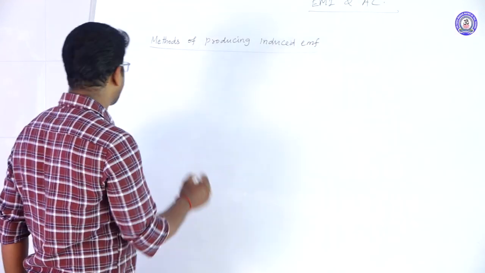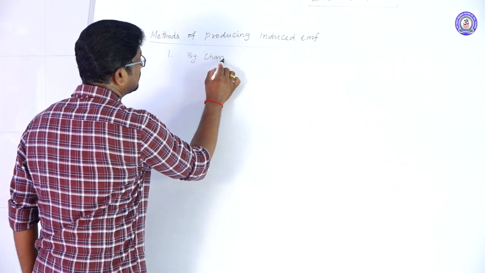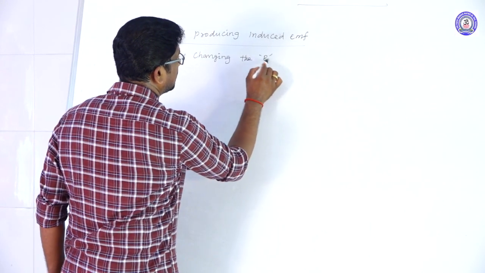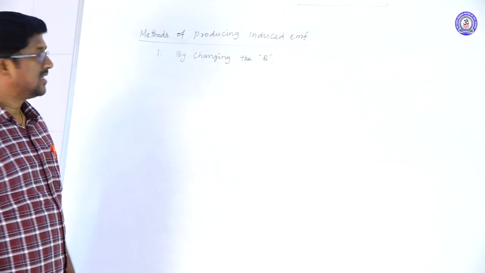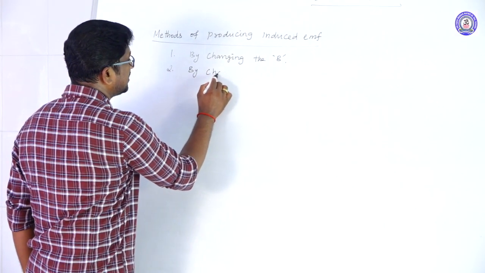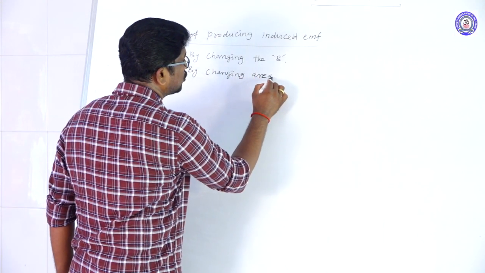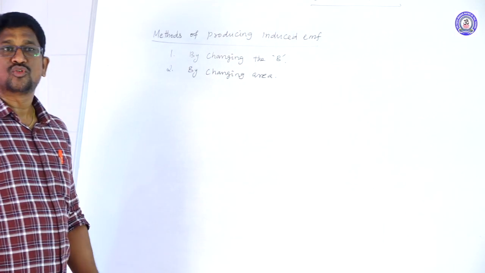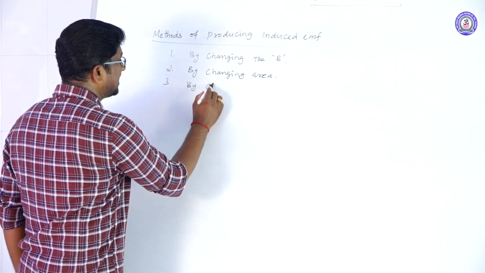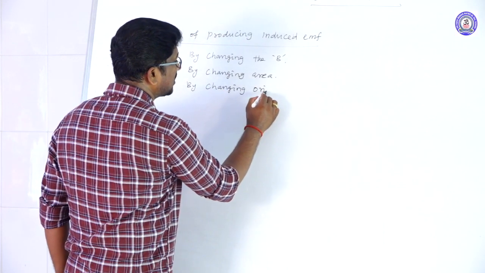First, by changing the magnetic field. Second, by changing the area enclosed by the coil. And third, by changing the orientation of the coil.